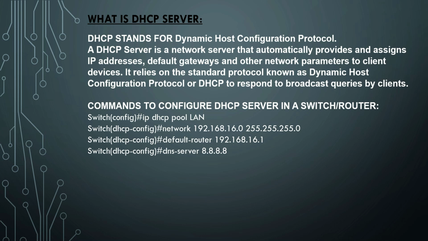And these are the commands by which we can configure our switch as a DHCP server: ip dhcp pool, then the name, then we have to define the network of that DHCP, which would be the address of our VLAN, 192.168.16.something or whatever, and this is the DNS server address, domain name service.